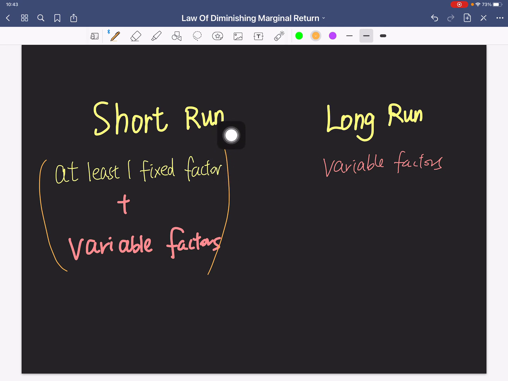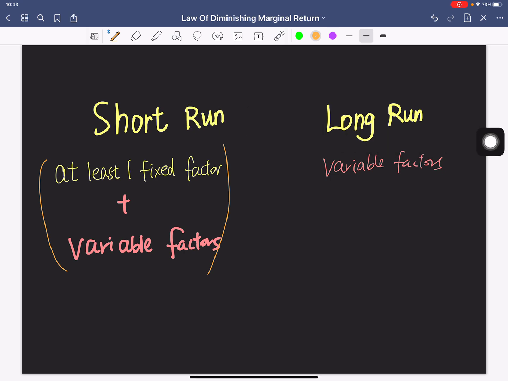You can imagine, in a short period of time, that's why we call it short run, we cannot easily adjust the fixed factor. There must be some constraint that binds us, that constrains us from making some adjustment. That's why we have at least one fixed factor to limit us, and that's why we define it as short run. So remember, short run means we have at least one fixed factor.